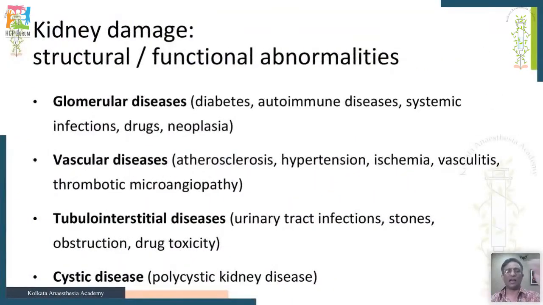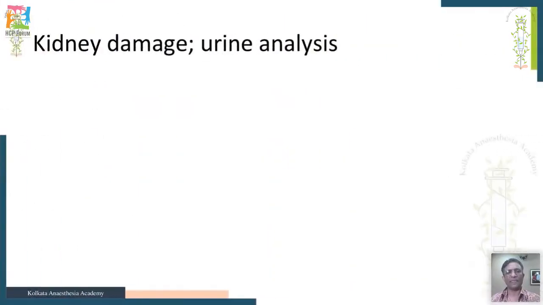A systemic disease like diabetes, autoimmune disease, or a systemic infection will cause glomerular disease. A vascular component causes renal damage, things like hypertension, ischemia, microangiopathies. The tubulointerstitial causes are classically urinary tract infections, stones, and drug toxicity. And the commonest cystic disease is polycystic kidney disease.